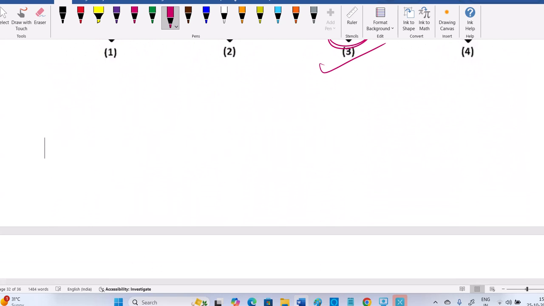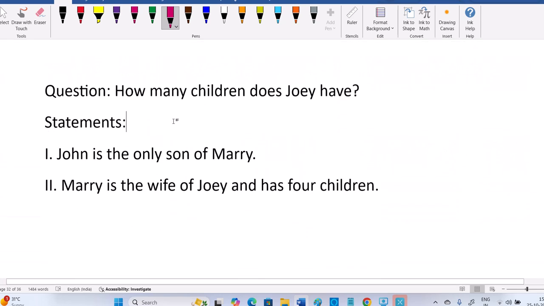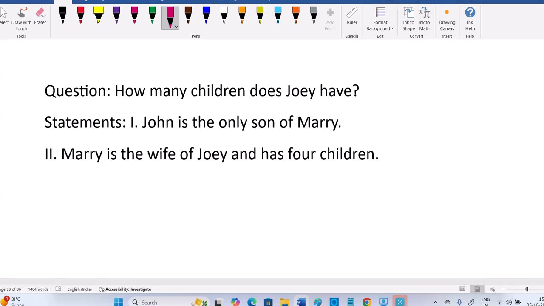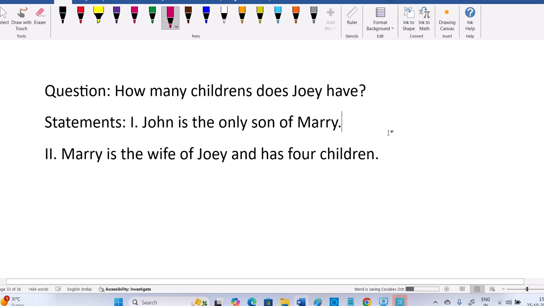Now again data sufficiency. The question is this. Now I'm not giving options. You have to tell the options. How many children does Joy have? Okay. Only two.